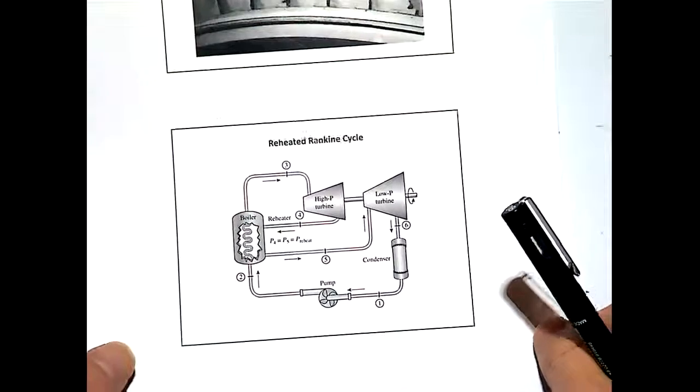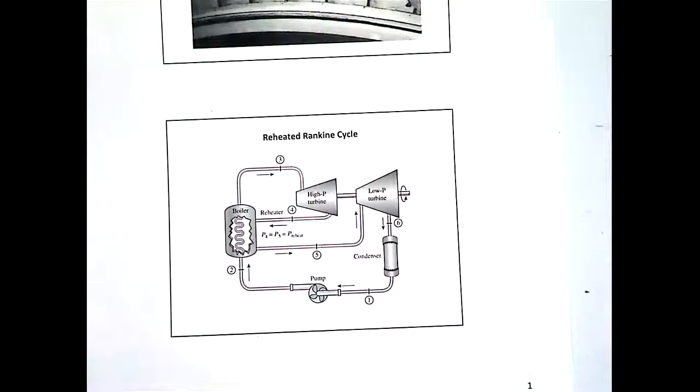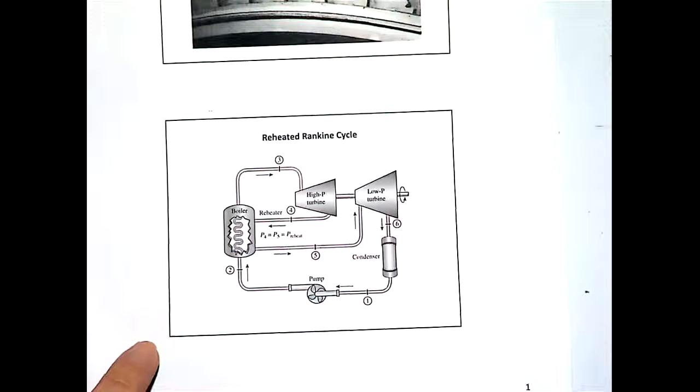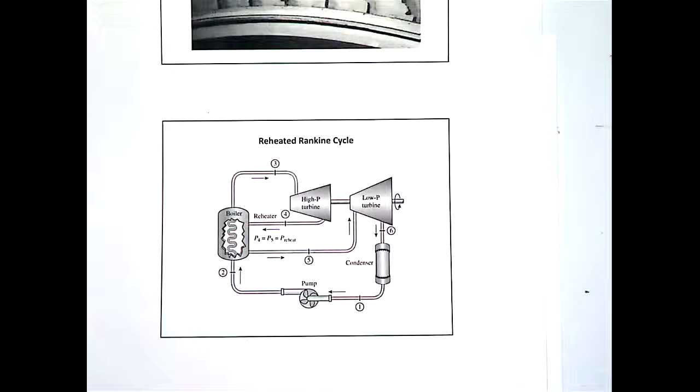I'm not going to draw the schematic, but it's basically showing here. The main purpose of reheating is to get rid of the low steam quality problem, to avoid too much moisture at the end of the turbine step.